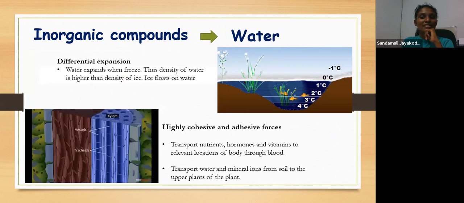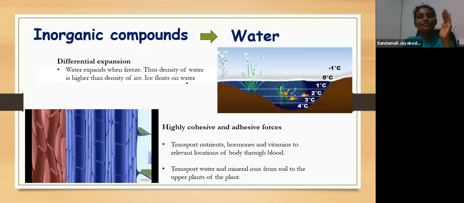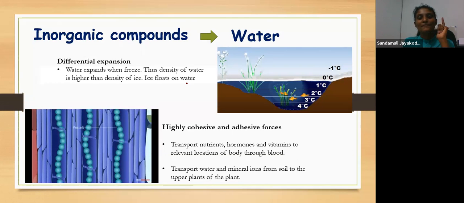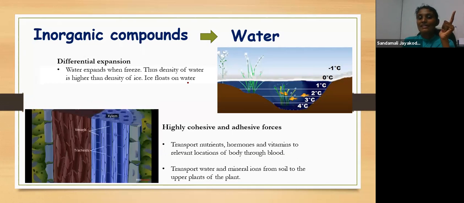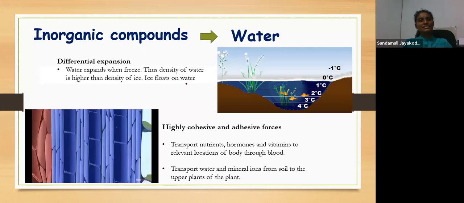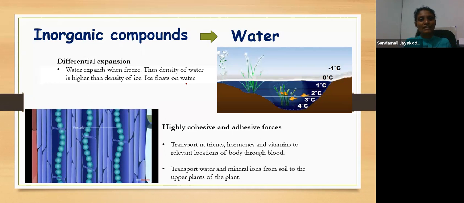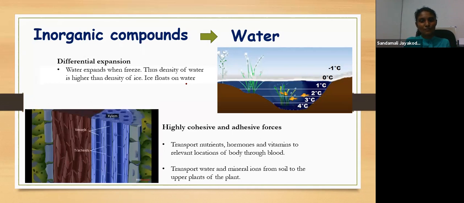When the ice is forming, ice tends to float on the water. Ice floats, which means ice has a lower density than water. When the water is freezing, water molecules are expanding, increasing the volume. When the volume increases, its density decreases.